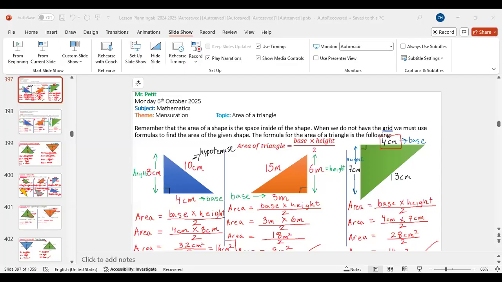Where's Samaya? Number 3. Number 3, okay.